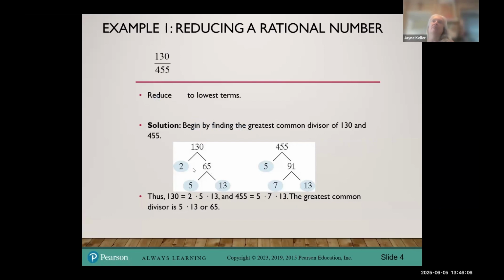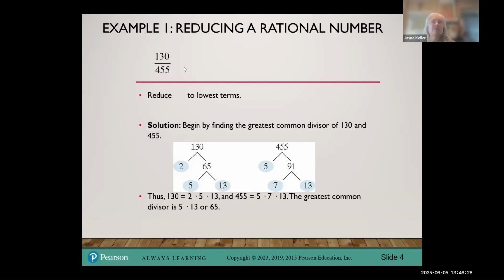So that's one way to do it, right? I can say 130 is 2 times 5 times 13 by using my little fraction tree. 455 is 5 times 7 times 13. And then I notice they both have a 5 and a 13. So I can divide numerator and denominator by 65.